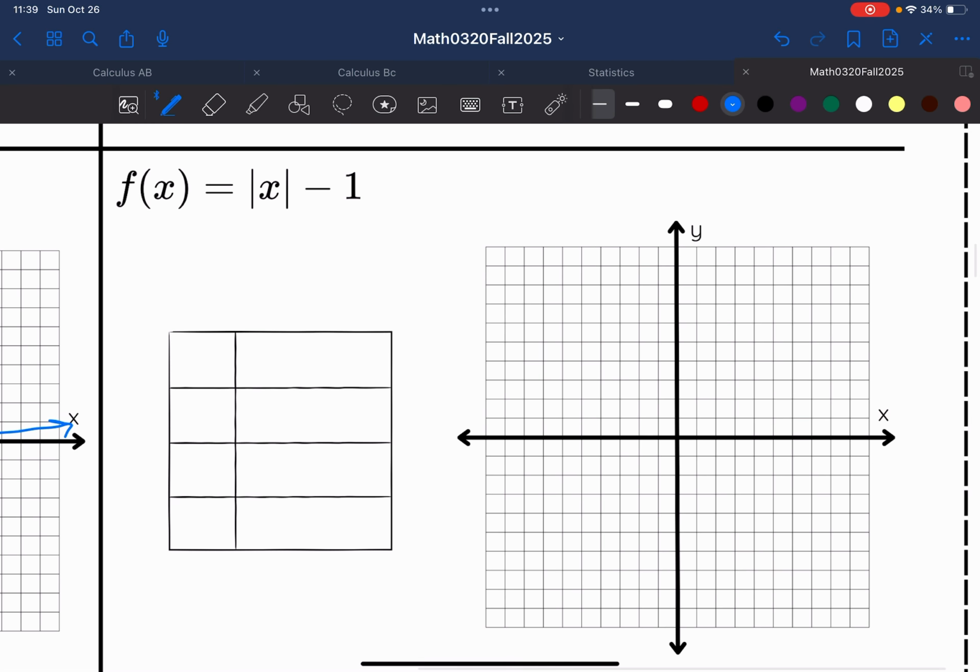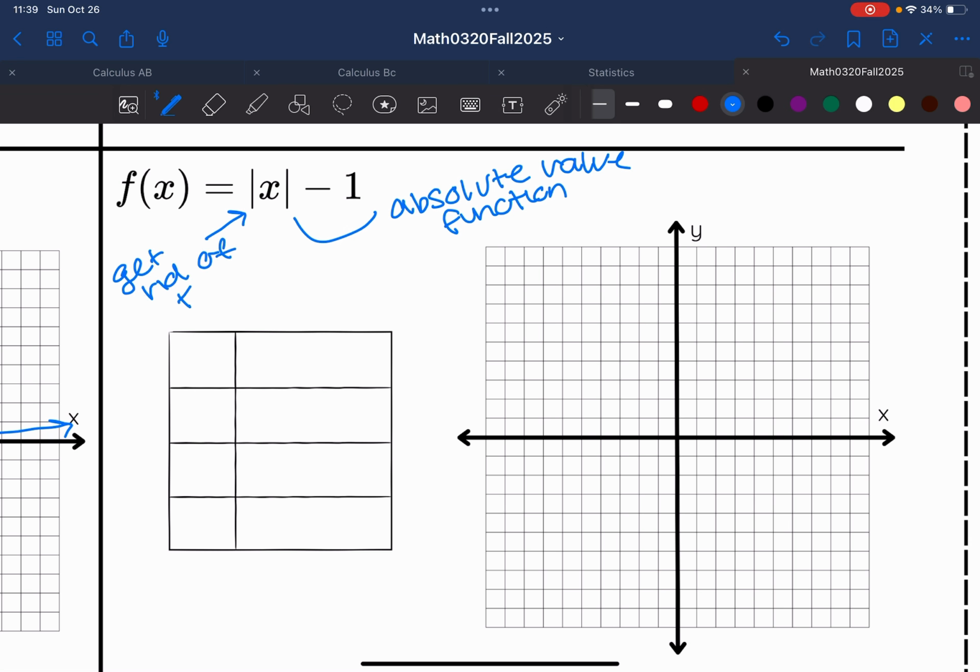Okay, now the next one, I have the absolute value function. So this is the absolute value function. And this is significant because the absolute value bars, these bars right here, they get rid of the negative sign. So every time you plug in a negative number, it gets rid of it.